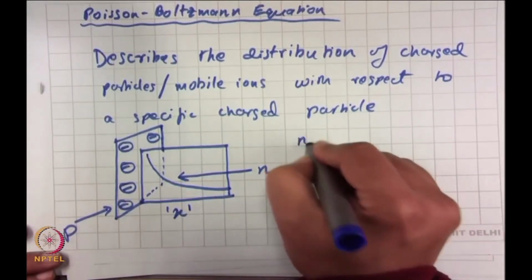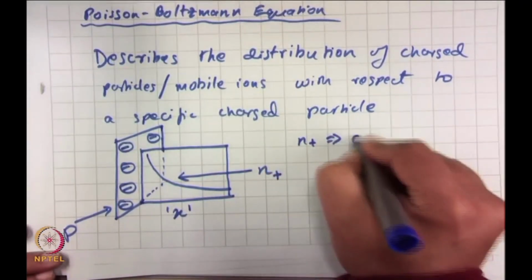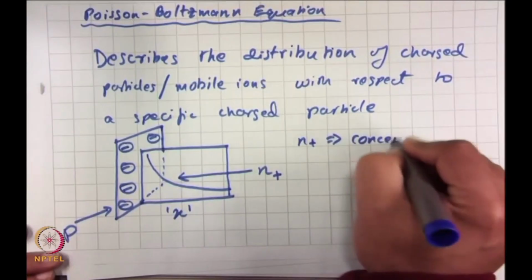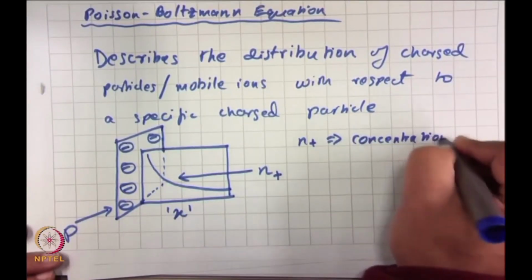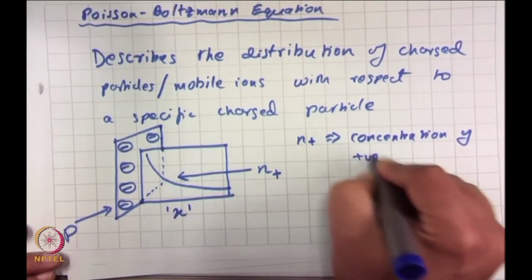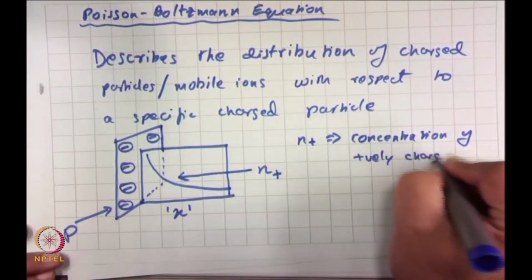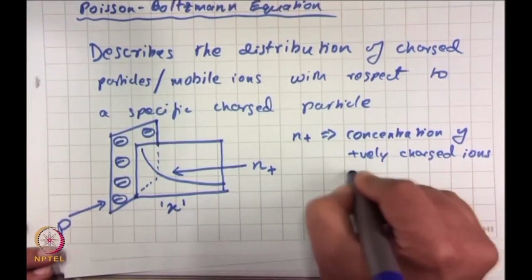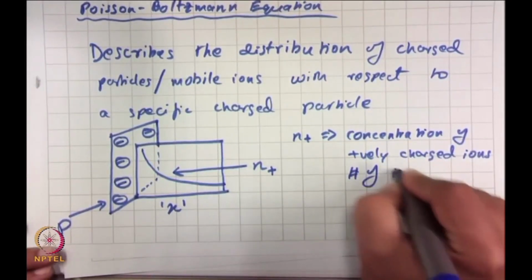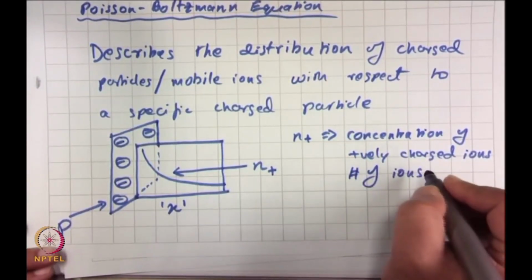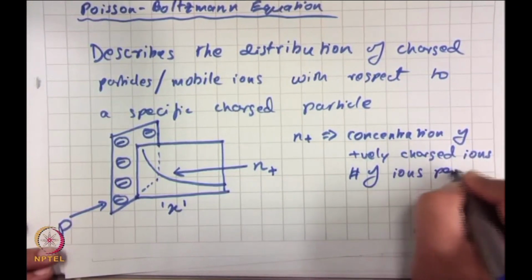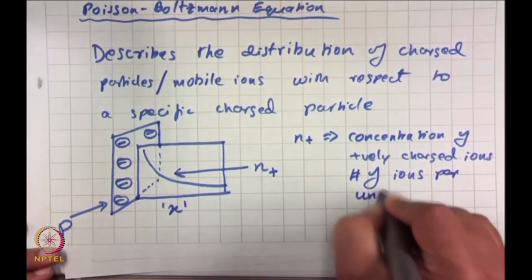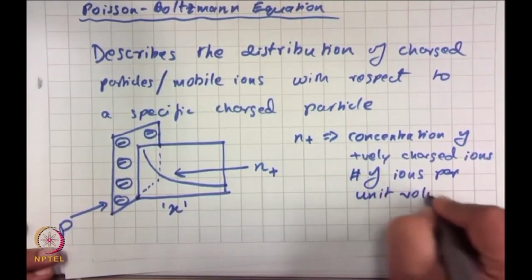What is n plus? N plus is the concentration of positively charged ions, that is the number of positively charged ions per what? Unit volume, isn't it?